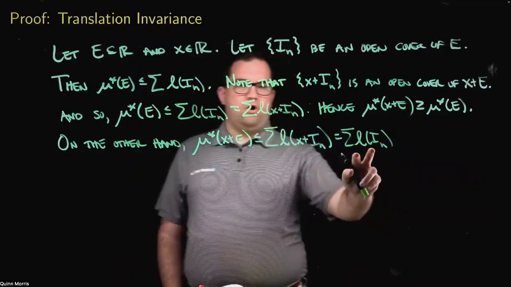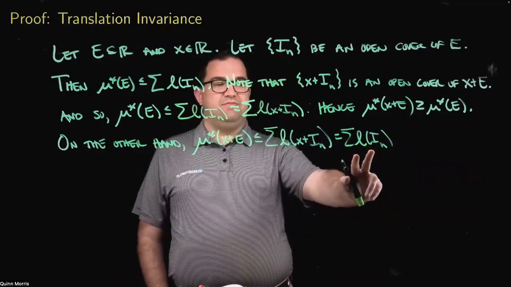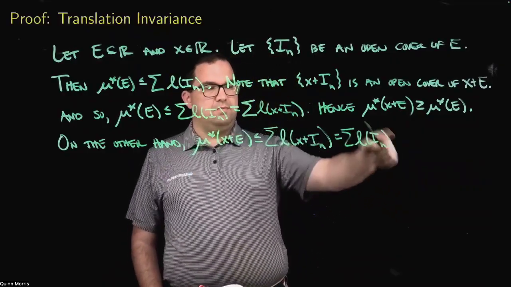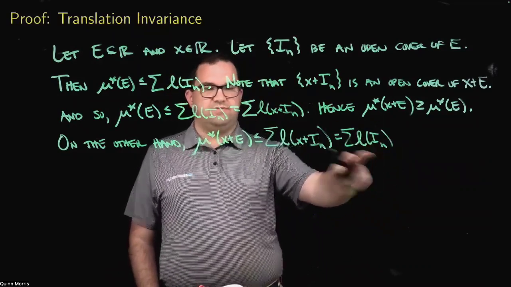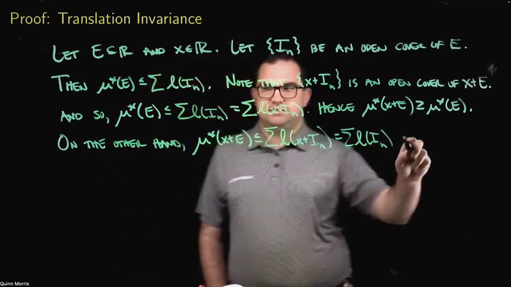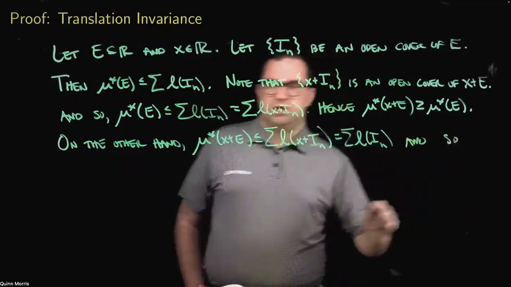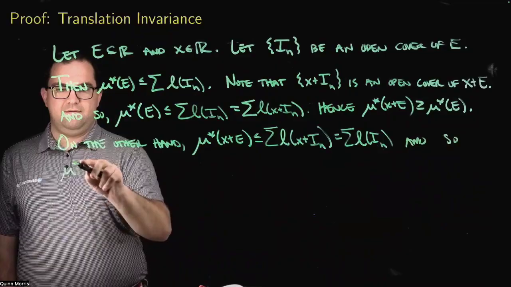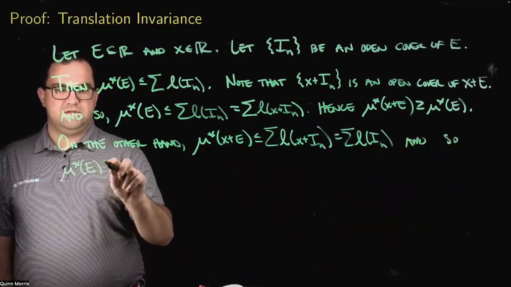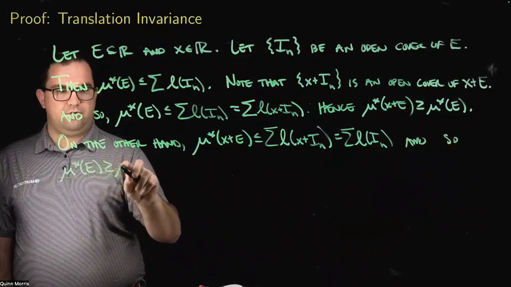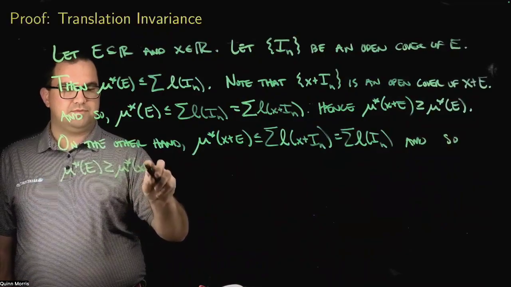But now I make a similar argument. The outer measure of E is an infimum over all of these things, but each of these things is bounded below by this. So the outer measure of E must be greater than or equal to the outer measure of x plus E.